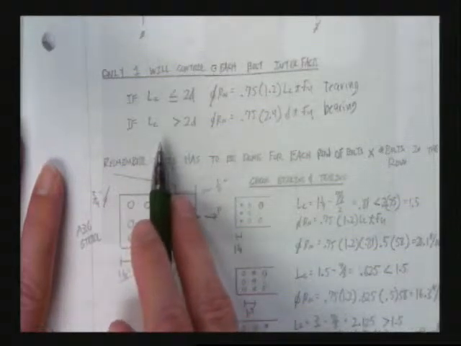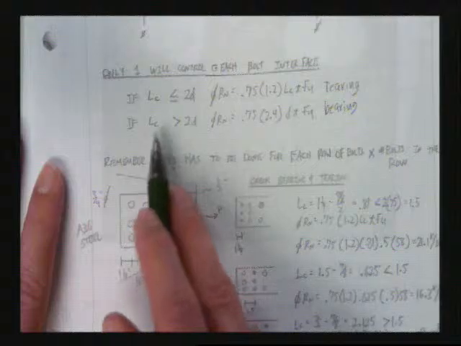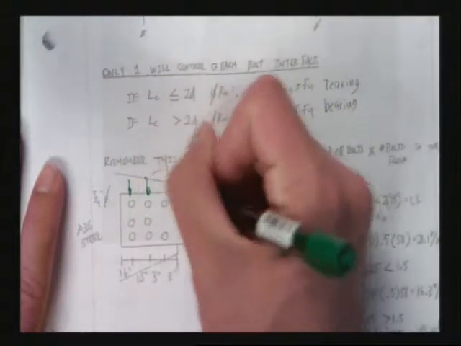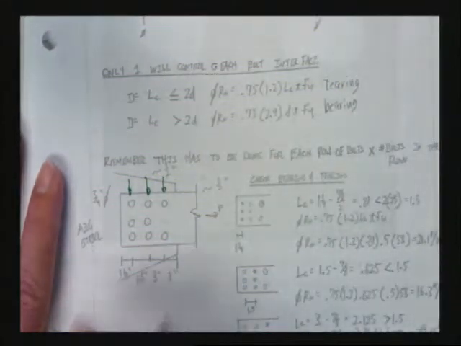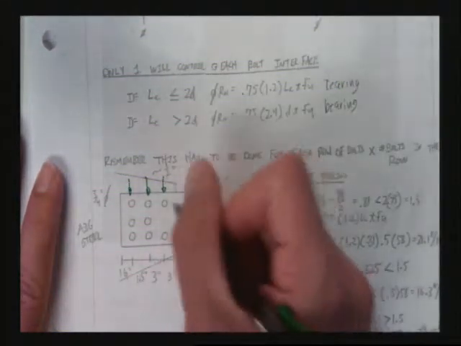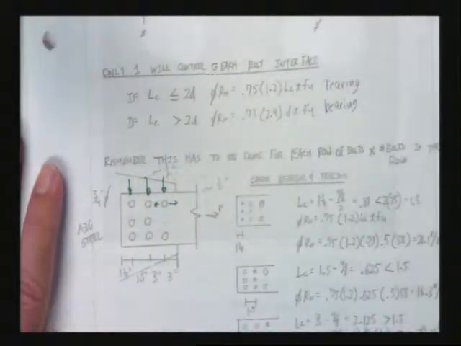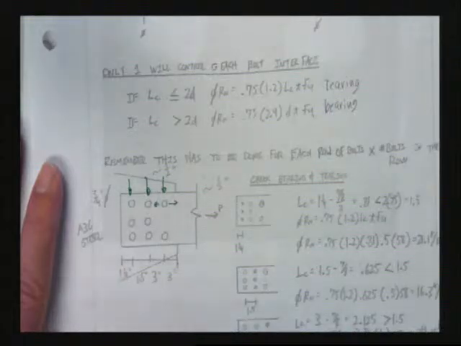Well, this seems really simple and trivial, but one thing we have to remember is that we need to do these type of calculations for every single row, okay? And possibly in both directions. Possibly for bearing and tearing in this direction, and possibly for bearing and tearing in that direction. Possibly, unless one can use their logic to determine that one is not going to control over the other one.